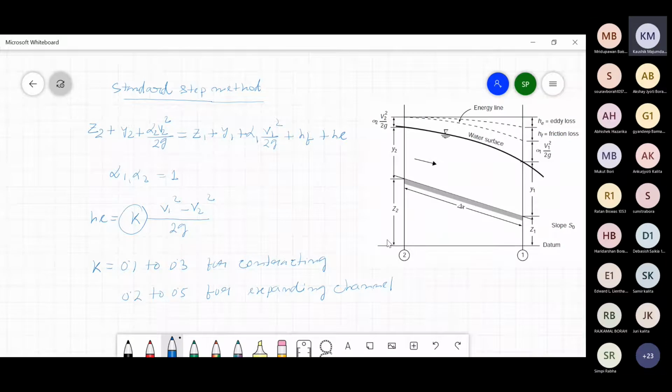And your HF, frictional loss, we can write in this way: SF into delta X, isn't it? SF here is the base slope.